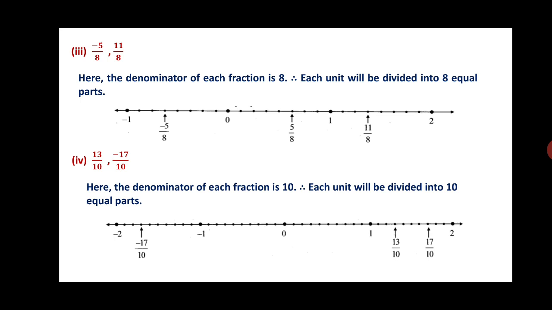Minus 17 upon 10 is lying between minus 1 and minus 2. So this minus 17 is the seventh equal part between minus 1 and minus 2, indicating minus 17 upon 10. So thus we can represent these rational numbers on the number line.